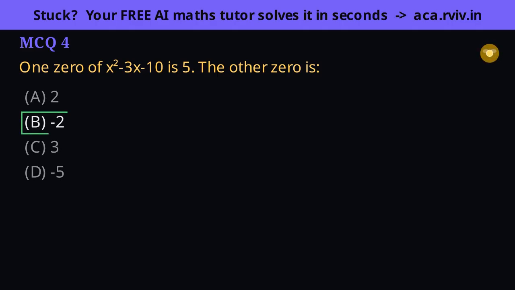Option B, notice you could also check with the sum. Minus b over a is 3, and 5 plus minus 2 is indeed 3, a nice cross-check. Trap option D, minus 5, tempts anyone who confuses the sum and product relations.